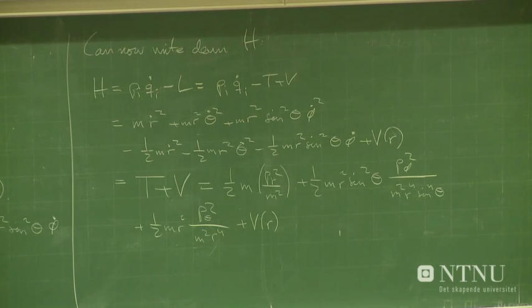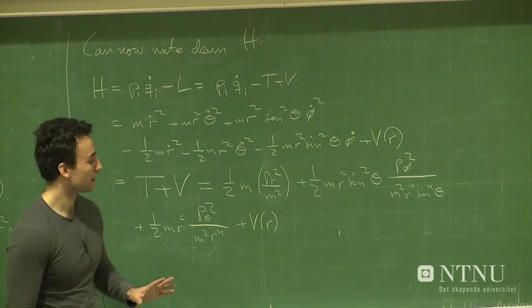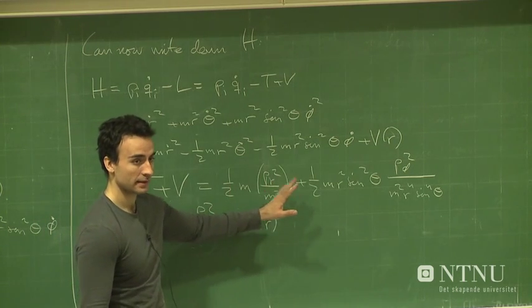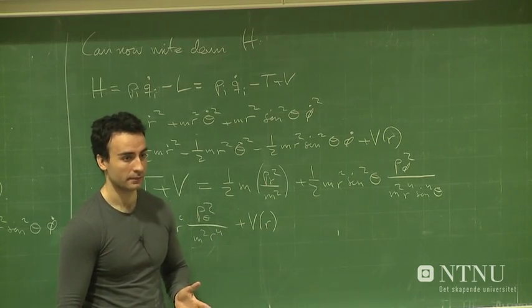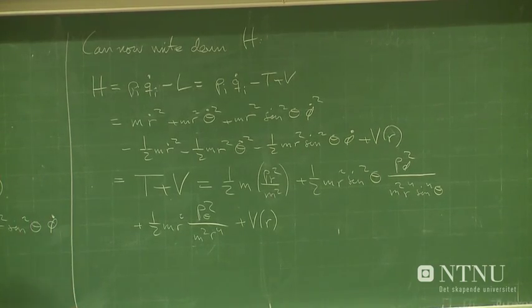So at this point, the Hamiltonian depends exactly on what we want it to depend on. It depends on the canonical momenta and the generalized coordinates, but there is no trace of any time derivative of the generalized coordinates.